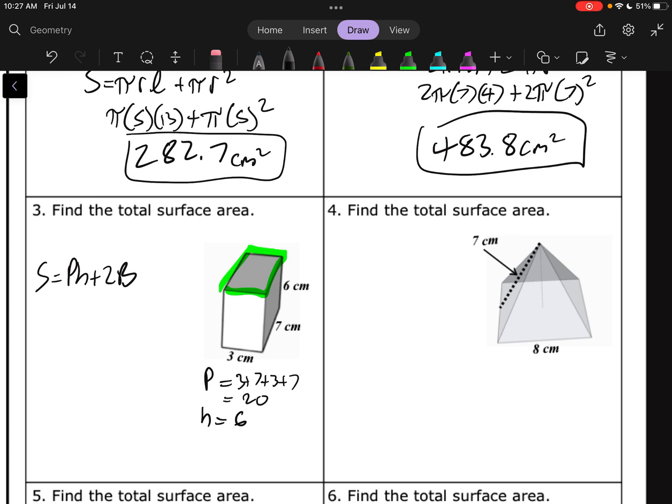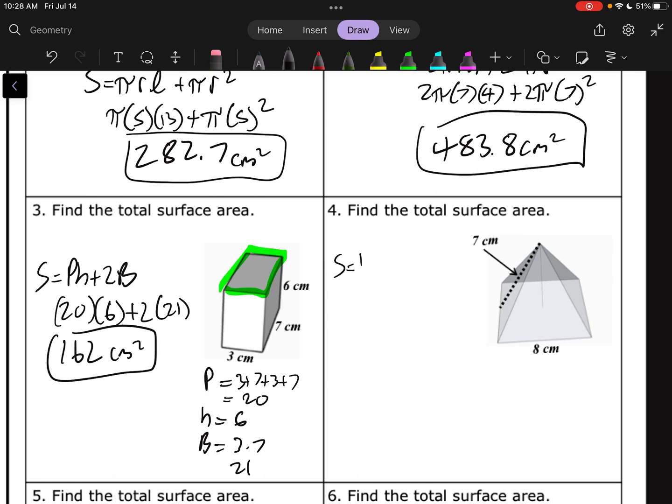Then your height is 6. And then your area of the base is 3 times 7, which is 21. So we should be doing 20 times 6 plus 2 times 21, which is 162 centimeters squared.